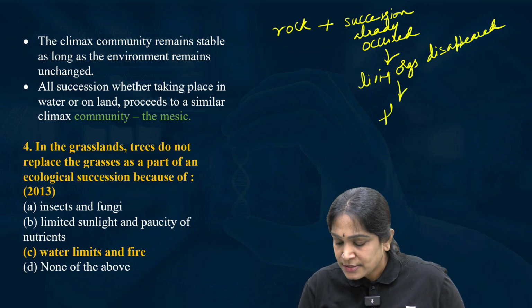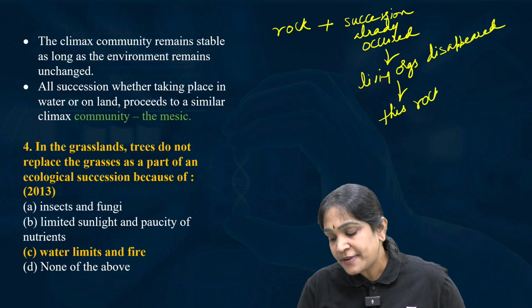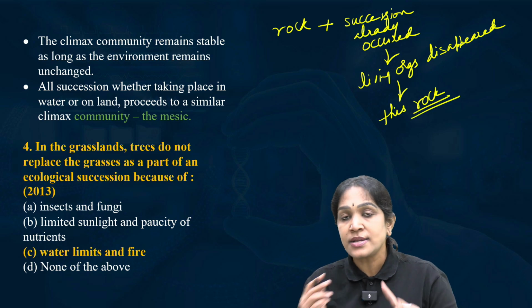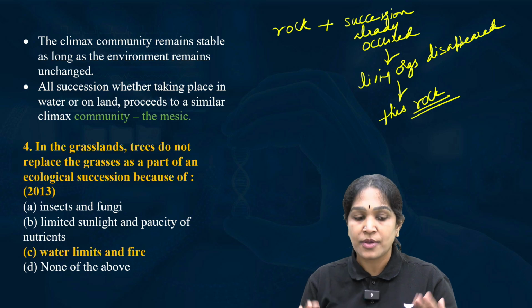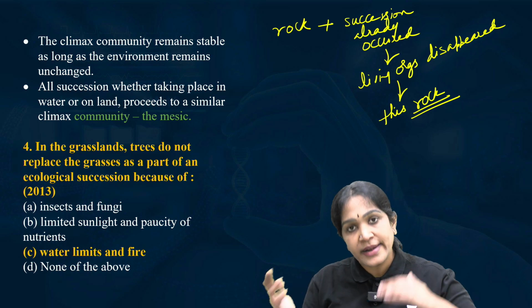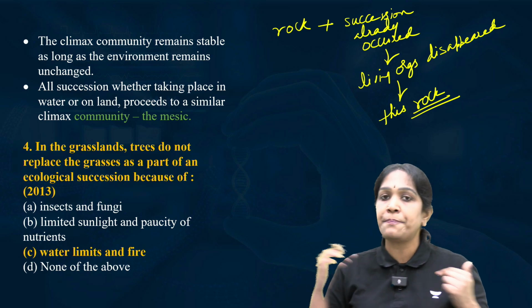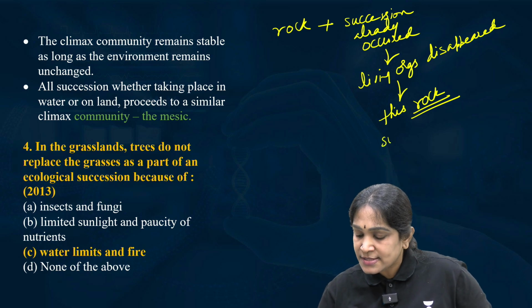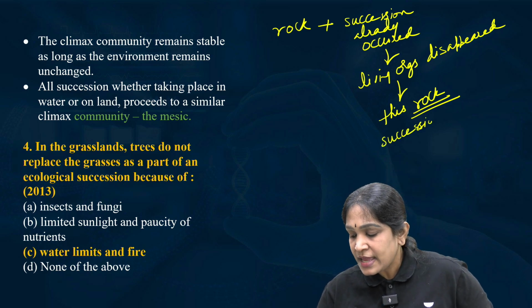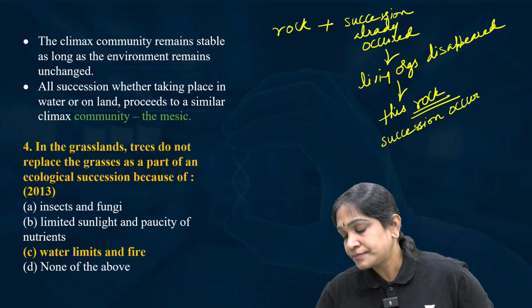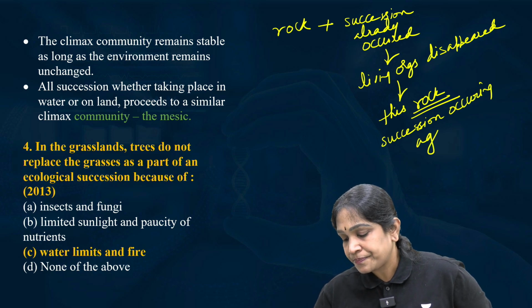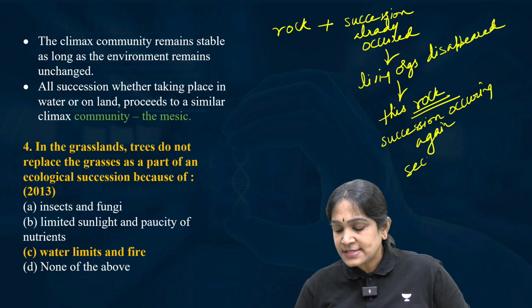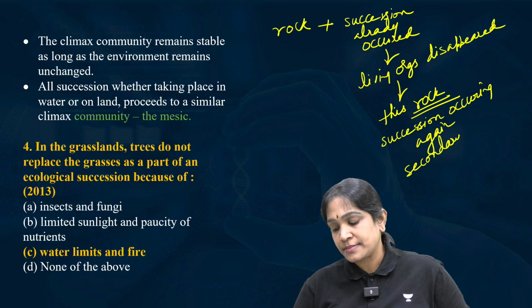And on this rock, means for this rock, the succession is not occurring for the first time. On this rock, the succession already occurred, but the living organisms disappeared. Now the succession is occurring again. Then we call this as secondary succession.